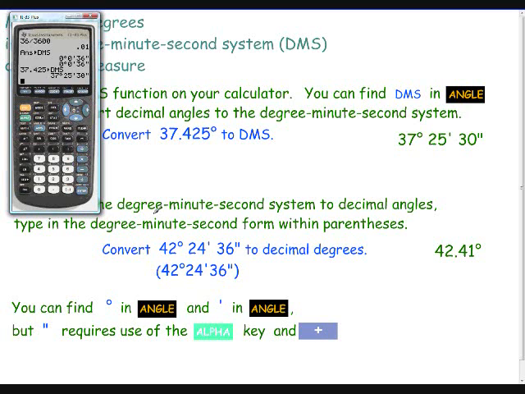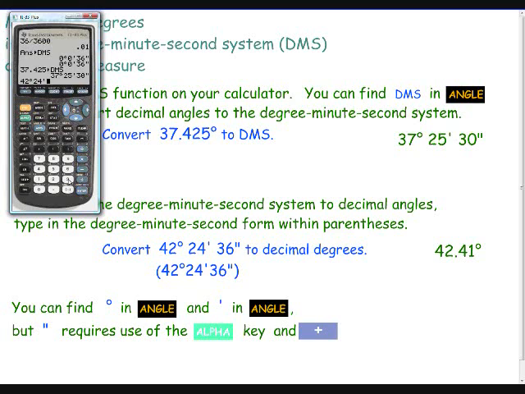First, we have to type it in the degree, minute, second system. Actually, it's the first time I'm doing it. So we're going to say 42, second function to get to angle, and put in the first one, degree. Then 24, and back to second function, angle, down 1 to minute, hit enter.